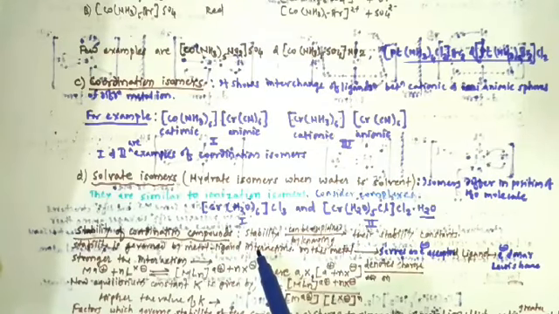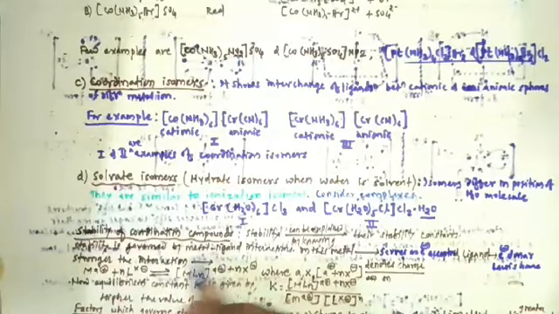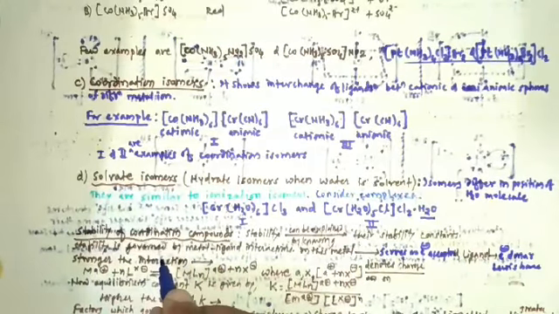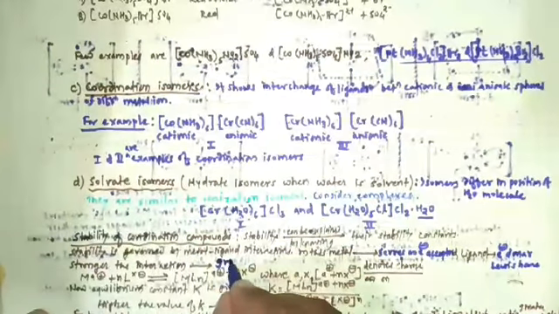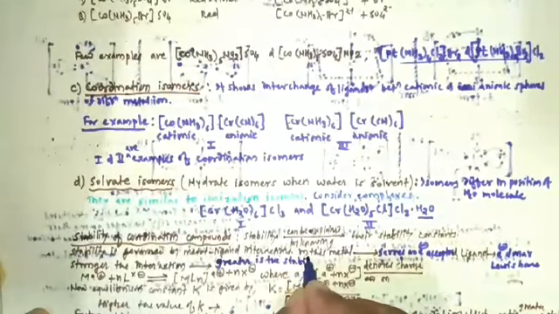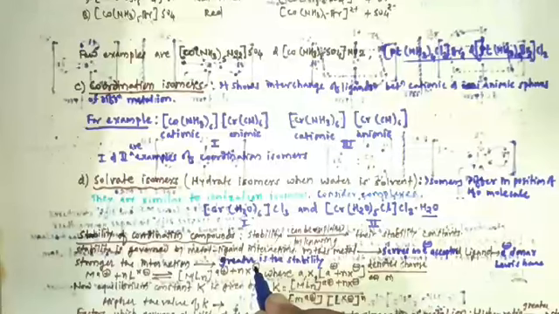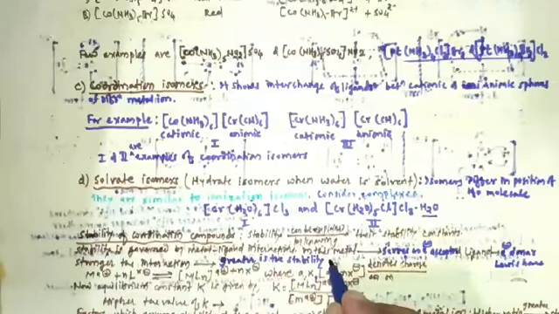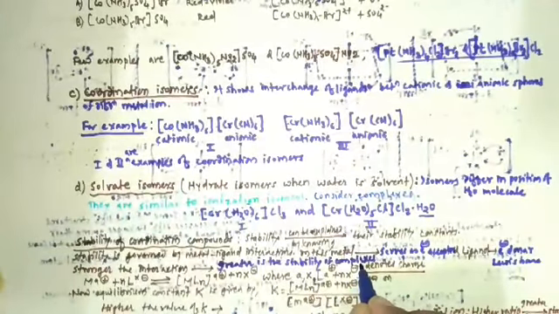The stronger the interaction between metal and ligand, the greater is the stability of complexes or coordination compounds.